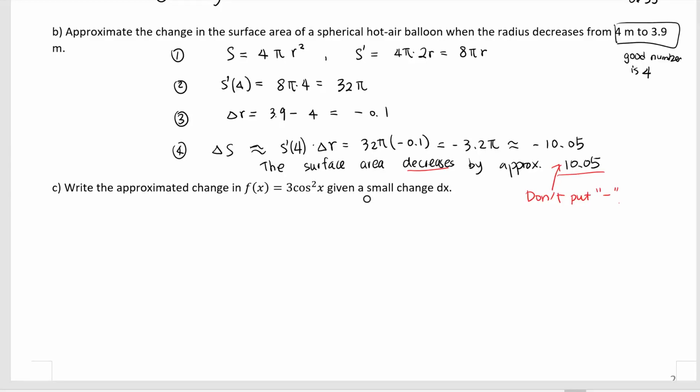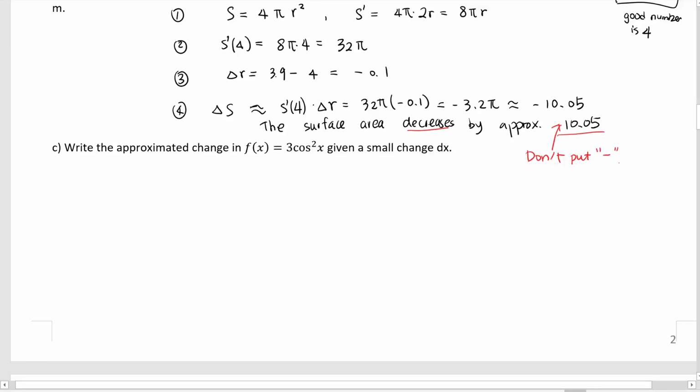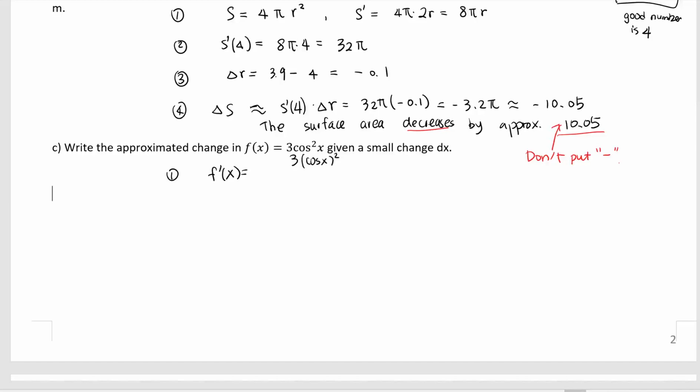How about part C? Okay, so try this problem, everybody. So what is the first step? The first step, we want to take the derivative. Well, what's the derivative? This is like chain rule, right? We have 3 cosine x squared.